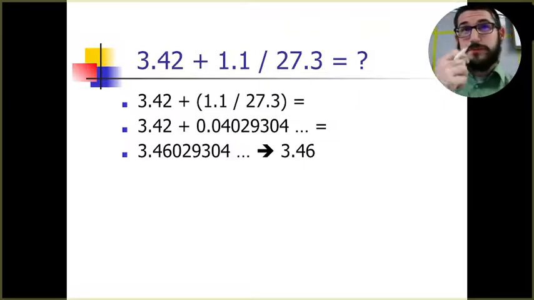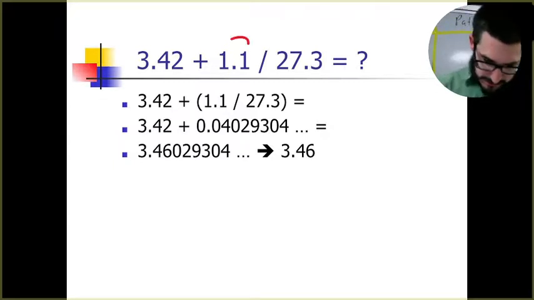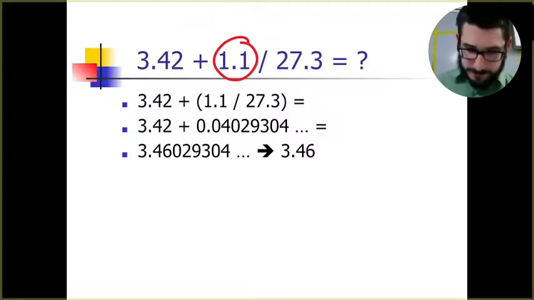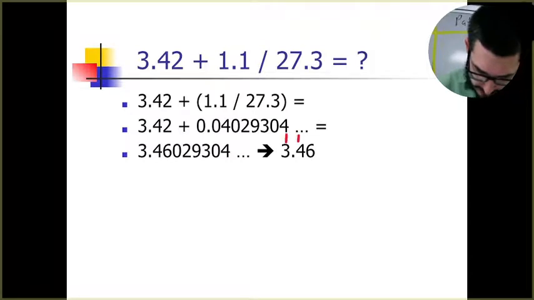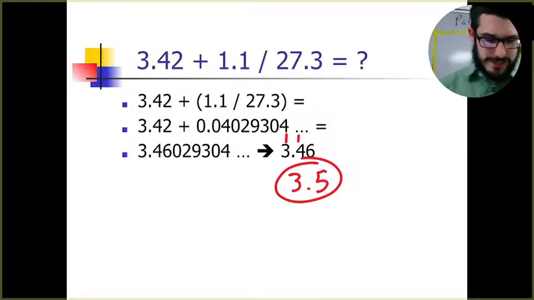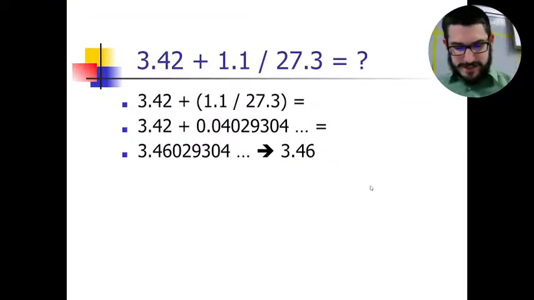All right, because my multiplication and division here had 1.1, I can actually only keep 2 significant digits. So then I've got 3.5 as my final answer for this one. I'll have to correct that on the slides. Thank you guys.